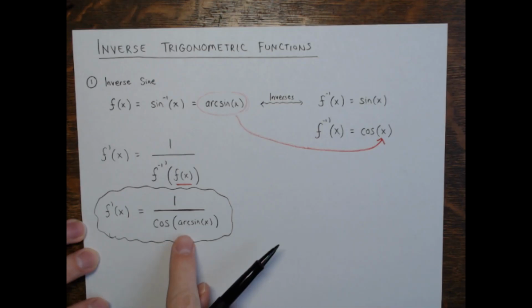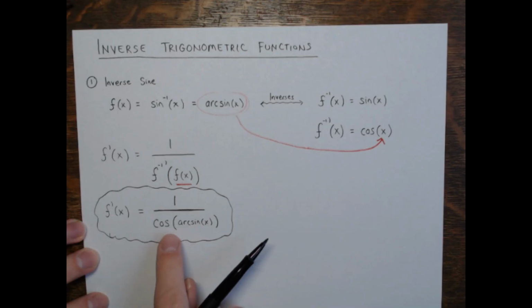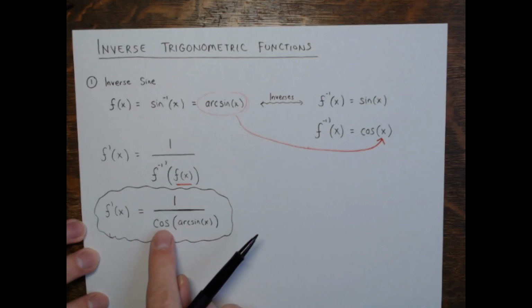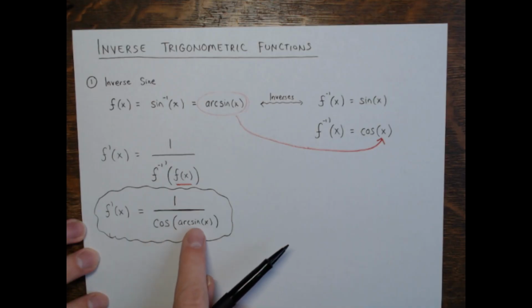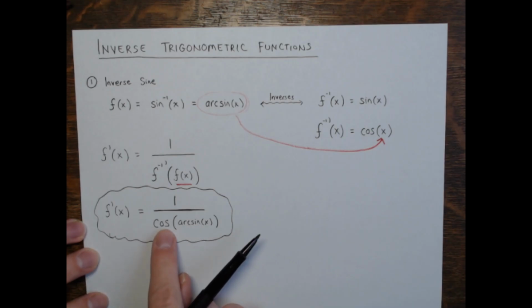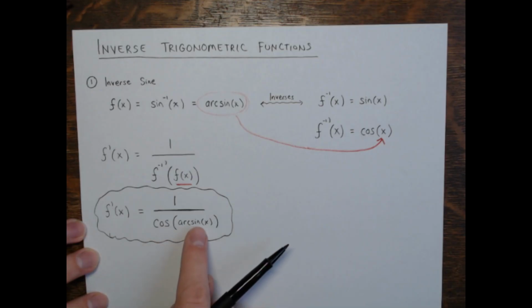This works. However, you may recall from trigonometry class, or pre-calculus, that where you have a regular trig function on the outside and some inverse trig function on the inside, you can rewrite this algebraically.